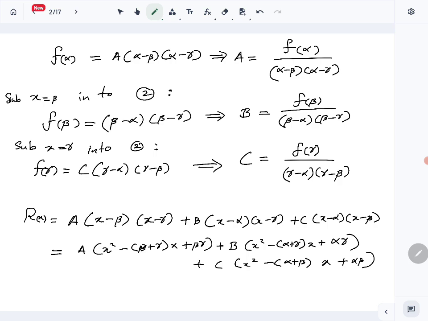So then let's look at the x term. The x term in the remainder is what? Let's look at the coefficients of that.